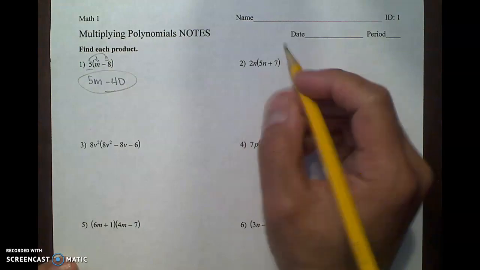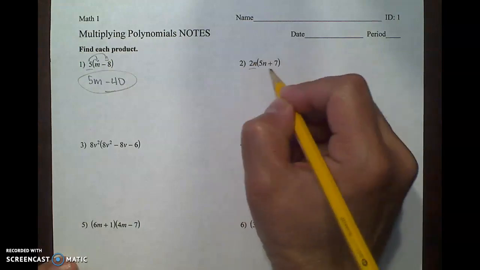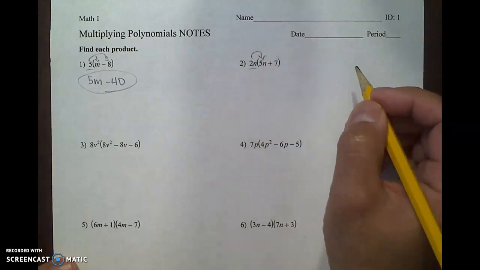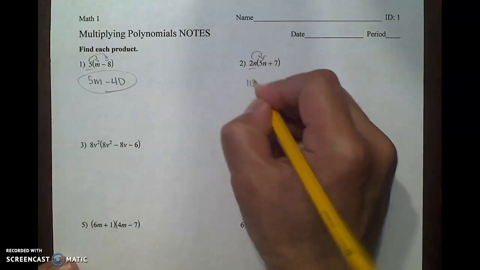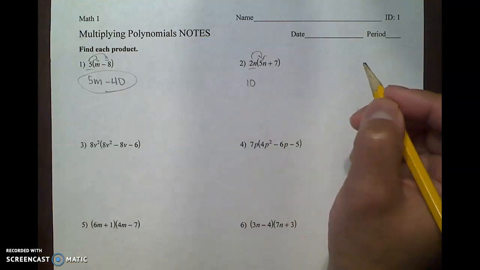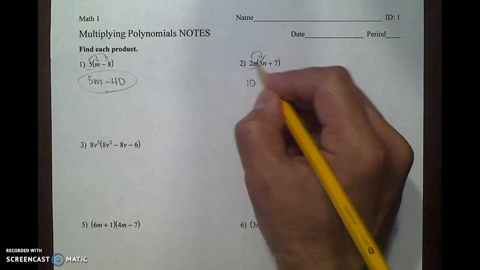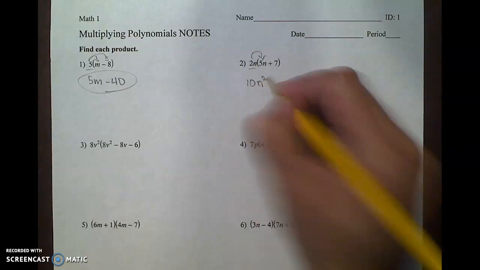Number 2, again, a monomial times a binomial. You're going to distribute. So we get 2n times 5n. So it's 2 times 5, which is 10. And so here comes your rules of exponents that we talked about last week. n times n is n squared, right?